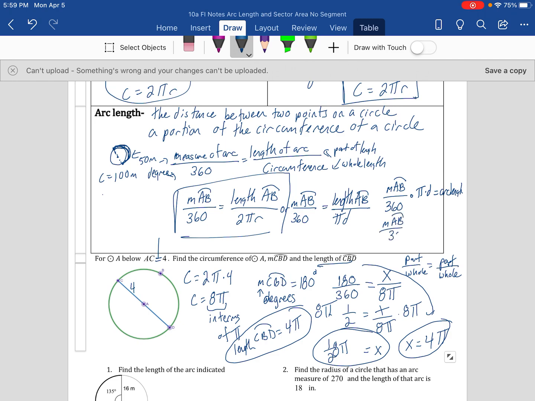The measure of your arc over 360 times 2 pi r could also be equal to your arc length. These are all the same formula, okay? I prefer the proportion because it helps you solve no matter what you're given.